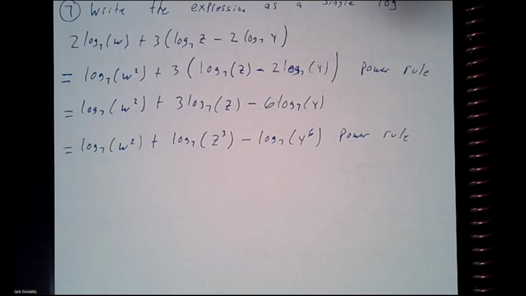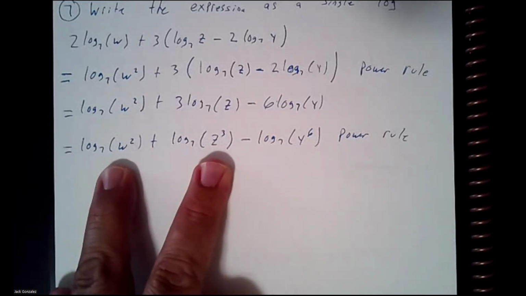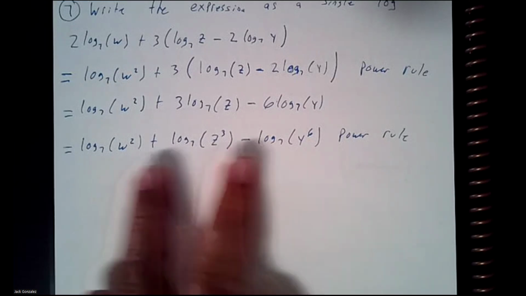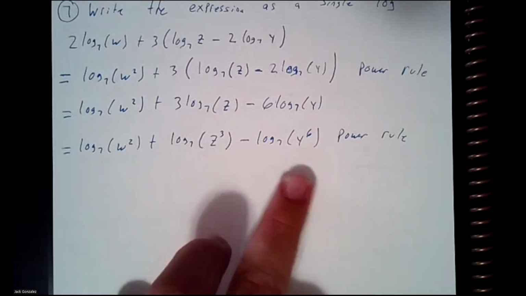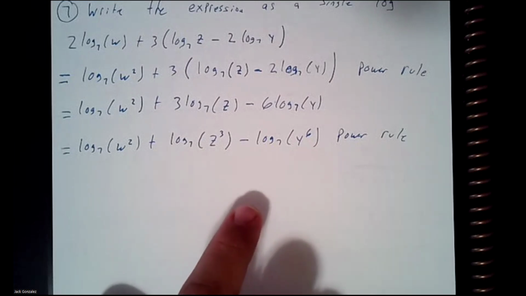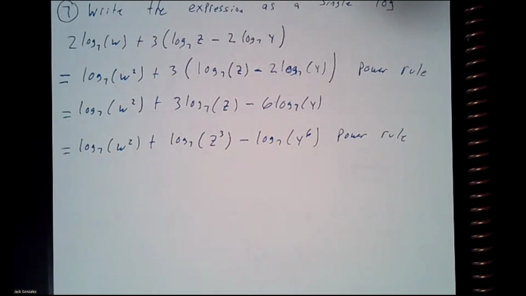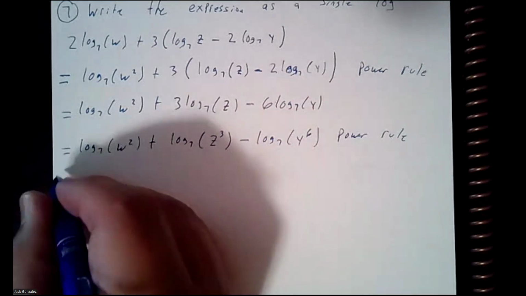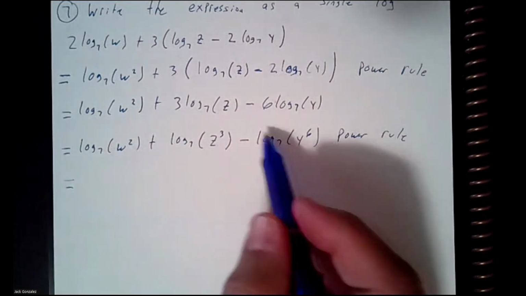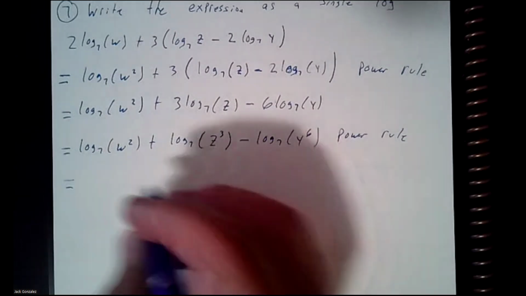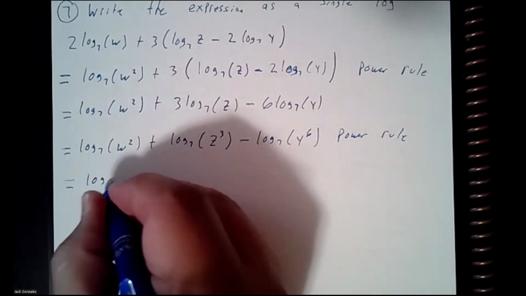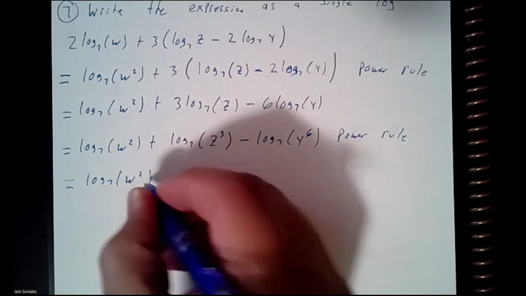It doesn't matter because it will end up being the same. So we can add these two and do the product and then deal with the minus part and do the quotient, or we could do this as a quotient and then deal with the plus. Does not matter. I'm going to combine these just because.